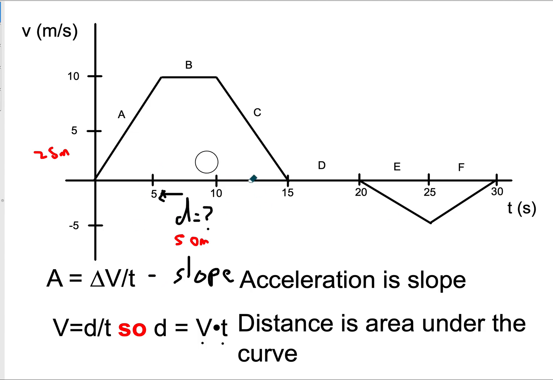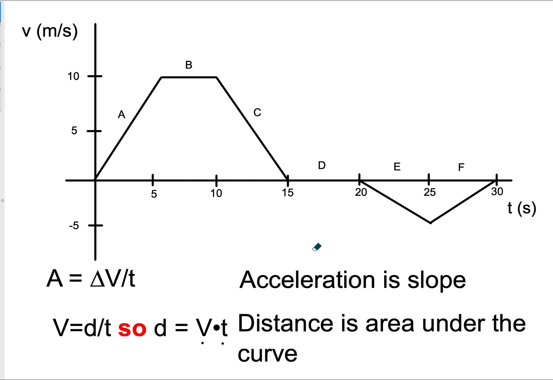So remember that on this graph, the slope is the acceleration, because that's change in v over t. And then the area under the graph, that would be the distance that the object has moved. Okay? So on this graph, where is the object moving at a constant velocity other than 0?